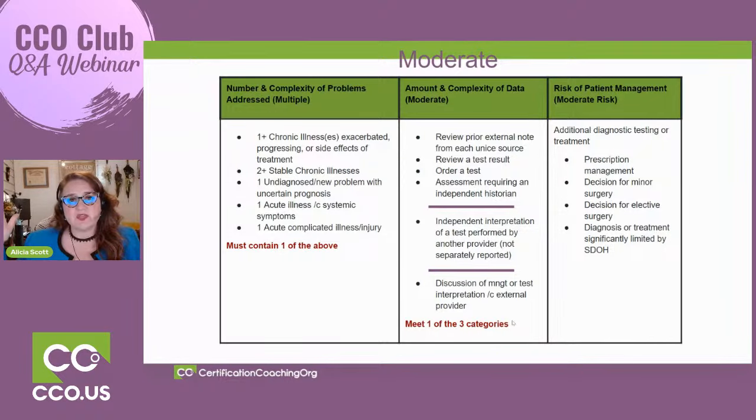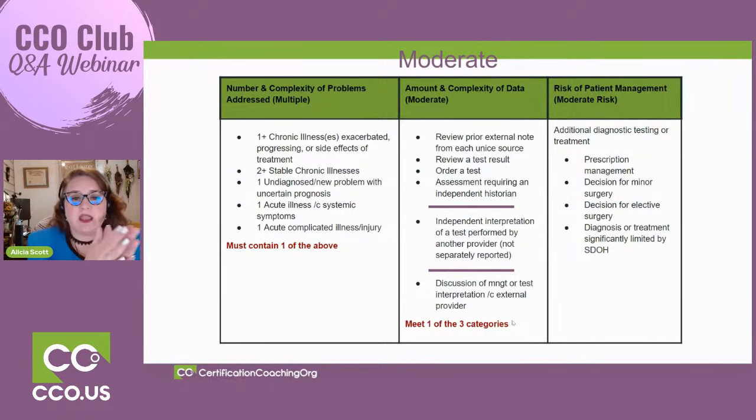Let's start on the third column and then work our way into number and complexity of problems, and then do examples. When we look at risk of patient management, predominantly what they do is they just give you examples.